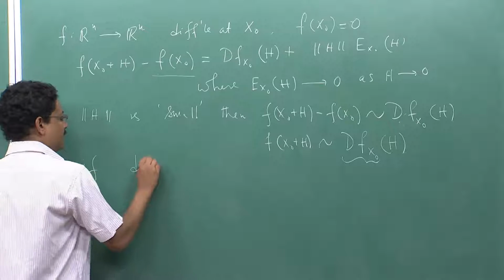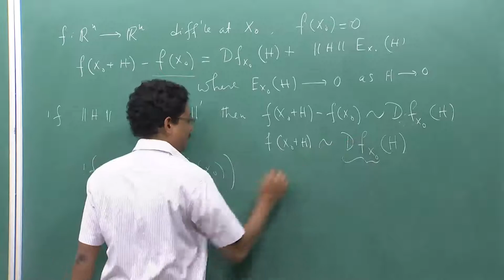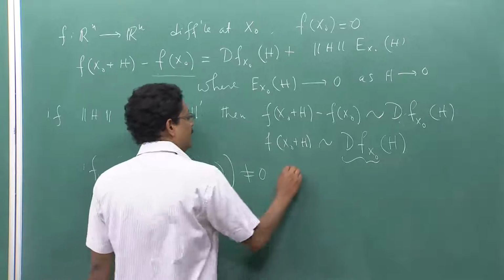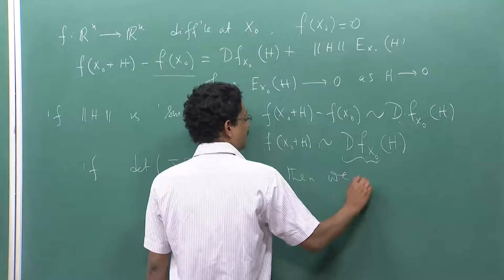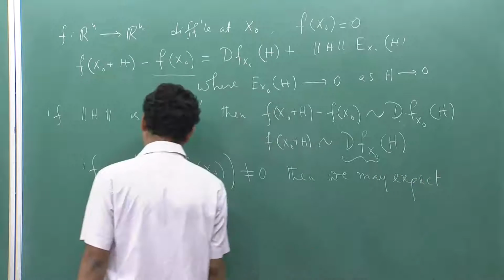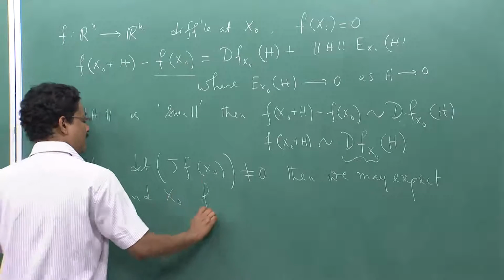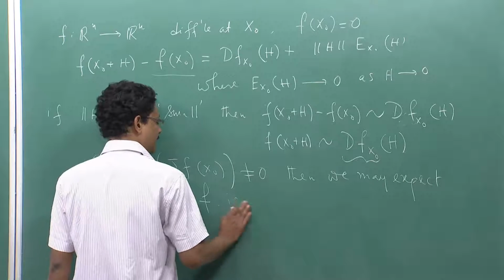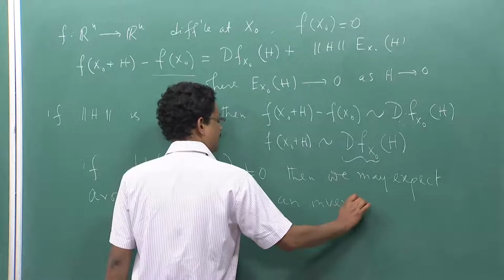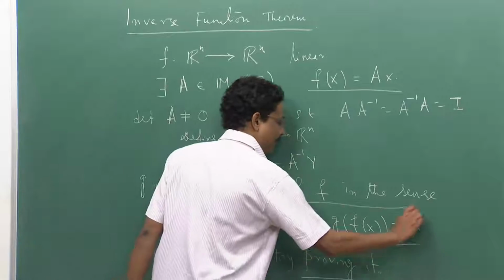So, if the determinant of J f of x naught, which is the matrix of the derivative d f of x naught, is non-zero, that is, this is invertible as a linear operator, then we may expect that around x naught, f is invertible, or f has an inverse, in the sense that this thing happens.